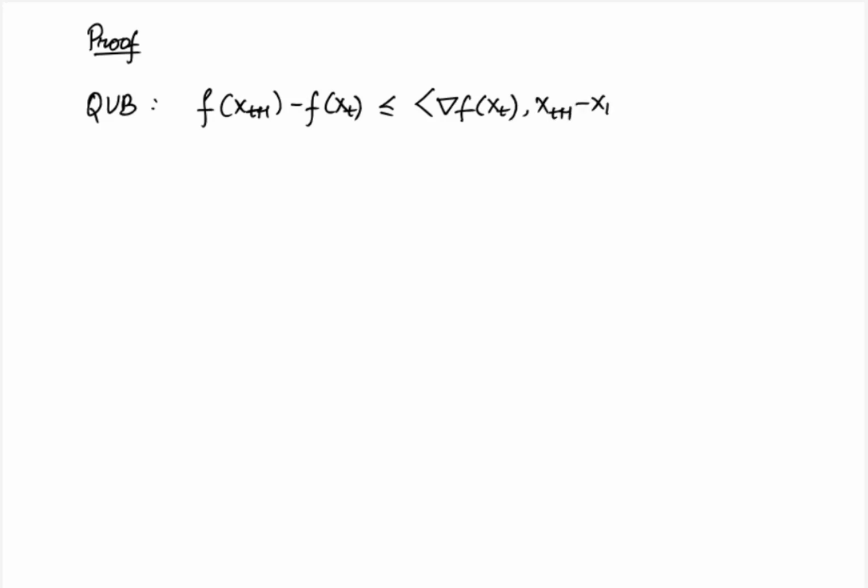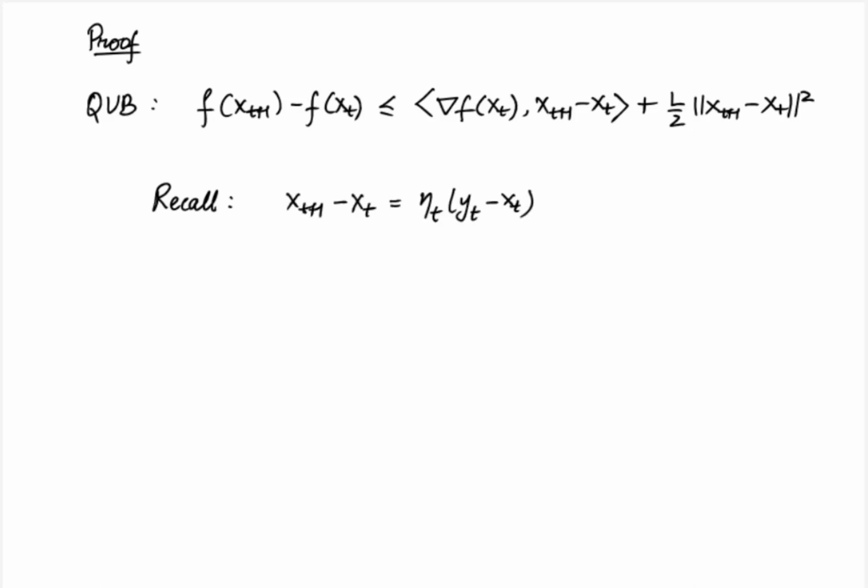In the proof, we proceed again in the same way using the quadratic upper bound on f as f of x_{t+1} minus f of x_t is less than or equal to the inner product of gradient f of x_t comma x_{t+1} minus x_t plus L by 2 times norm squared of x_{t+1} minus x_t. And then recall the update equation implies that x_{t+1} minus x_t is equal to eta_t times y_t minus x_t.